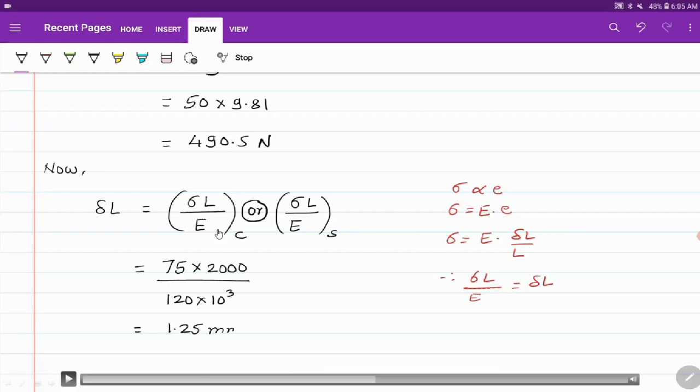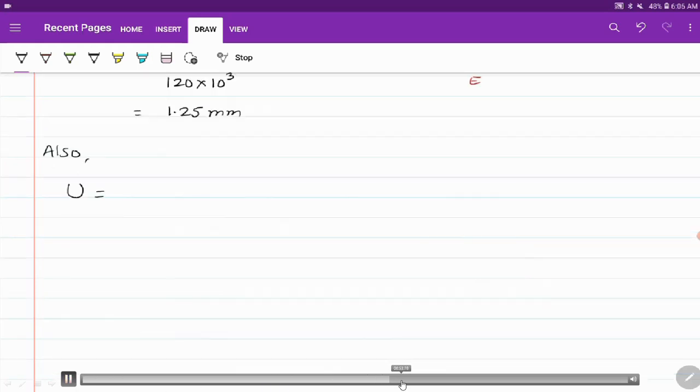So substitute the values. Sigma is in Newton per mm square or MPa, length is in mm, and modulus of elasticity is in MPa or Newton per mm square. So delta L comes out to be 1.25 mm.